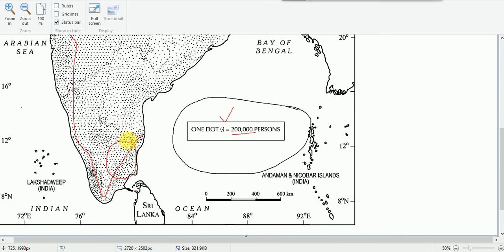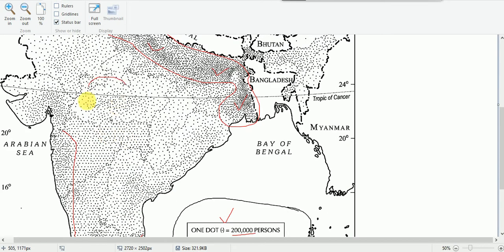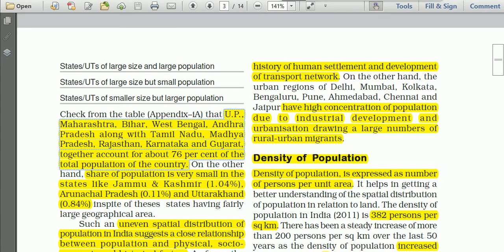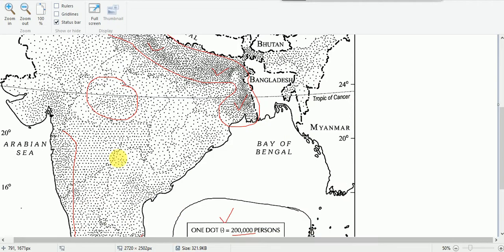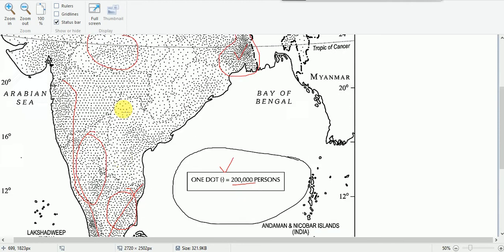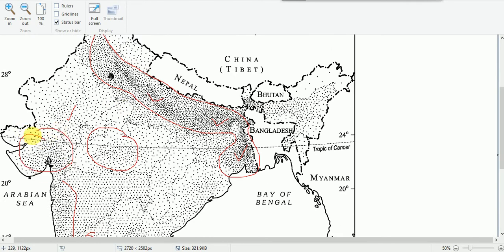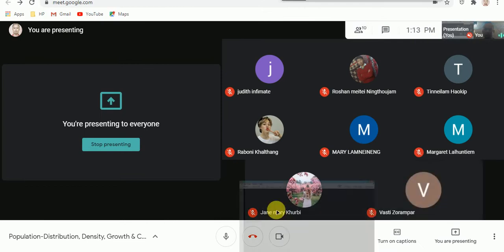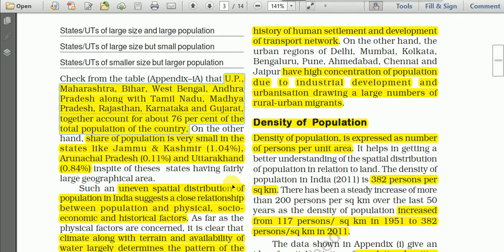Madhya Pradesh is here, Rajasthan is here, then Karnataka is here, and Gujarat is here. So all these put together constitute 76% of the total population of India, that is 1,210 million.